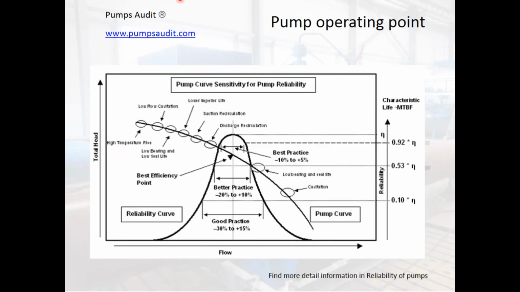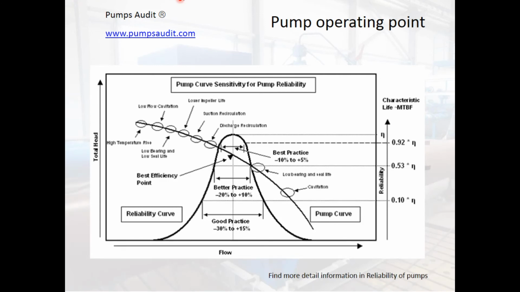Let's look at the diagram of pump reliability, which shows how reliability depends on the position of the operating point on the QH curve relative to the allowable operating range. You can see that the reliability of a pump decreases when it operates beyond the operating range.